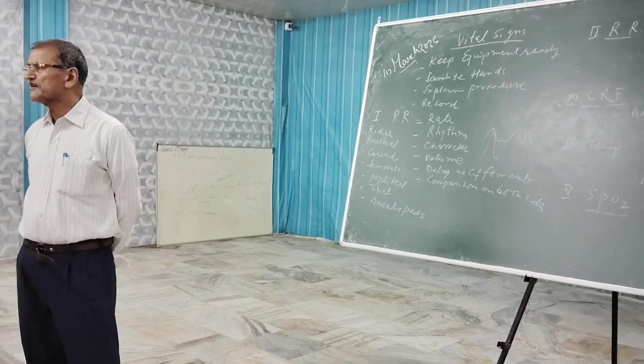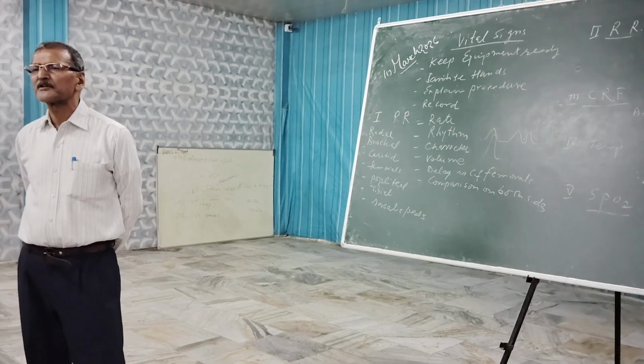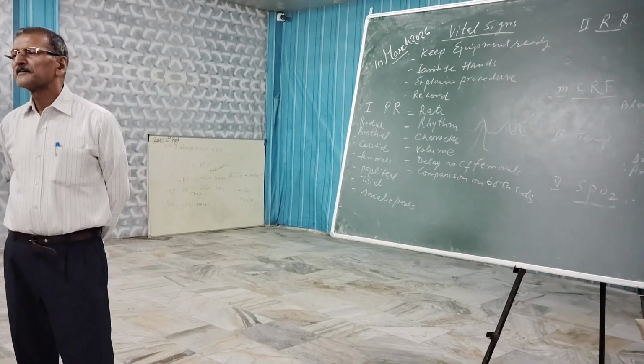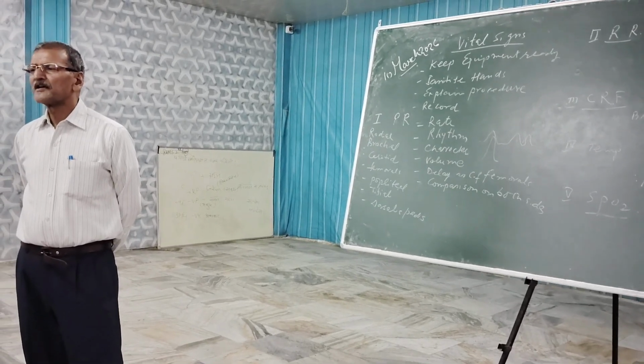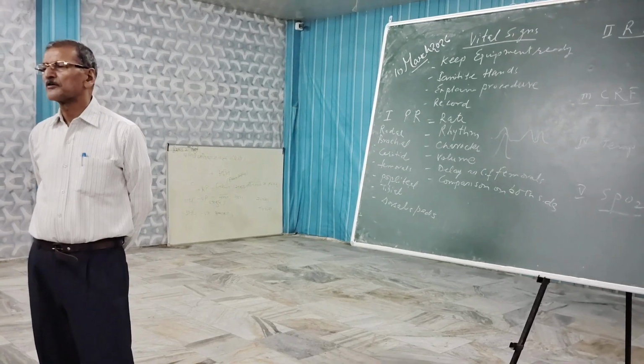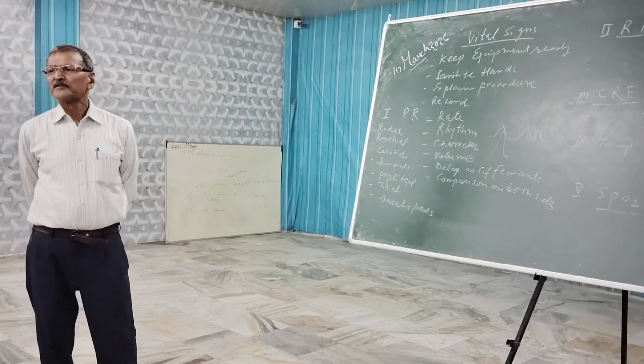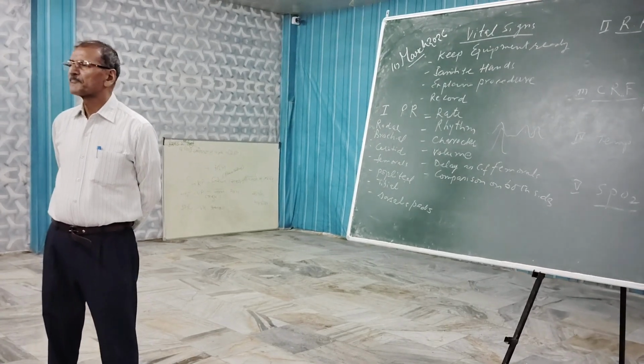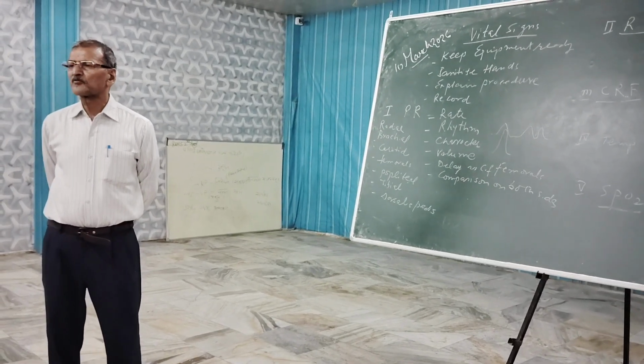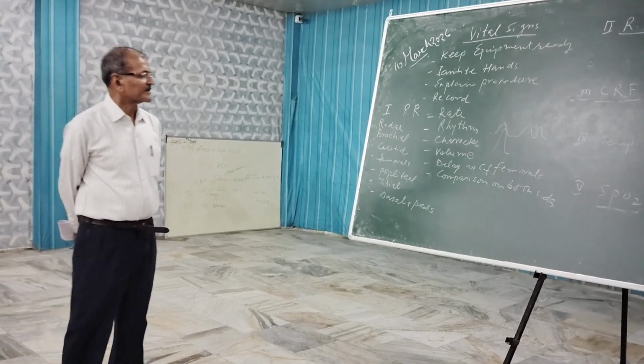You know, the spleen, it is in the abdomen, and there was a lot of blood in the abdomen, and the patient was in shock. So pulse rate gives you a very good indication about the perfusion, circulation in the patient.